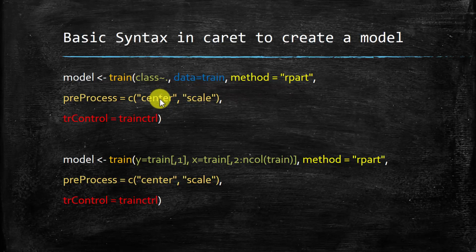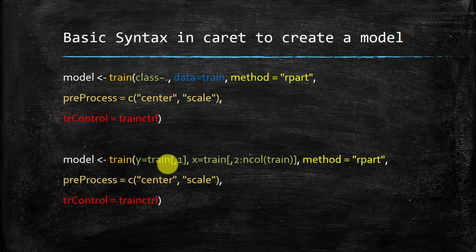Note that that's required or useful for some algorithms. It's not that big of a deal for others. And then we have this trControl set equal to this object trainControl. This is an object that contains some training control settings, which we'll talk about later. So things like how we will perform algorithm optimization.